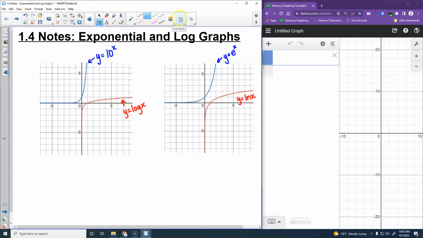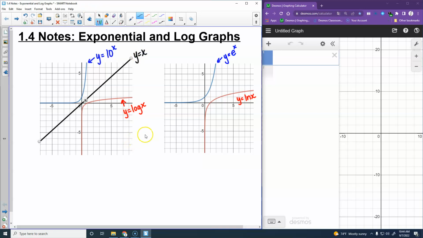And whenever we have inverses, their graphs are going to be symmetric about the line y equals x. So y equals x is just the line that splits the first and third quadrant in half, like that. So this line right here is y equals x.